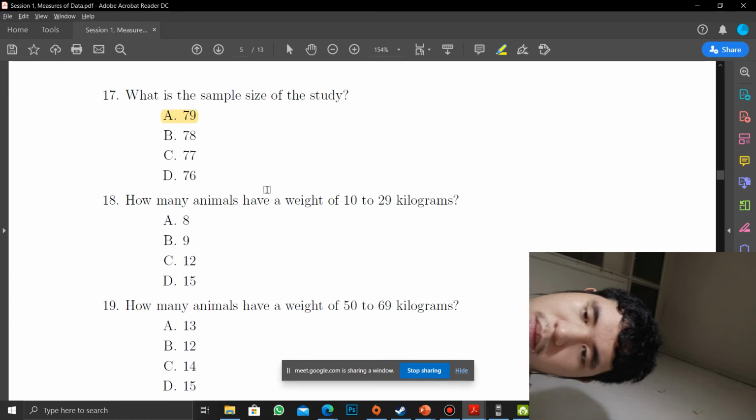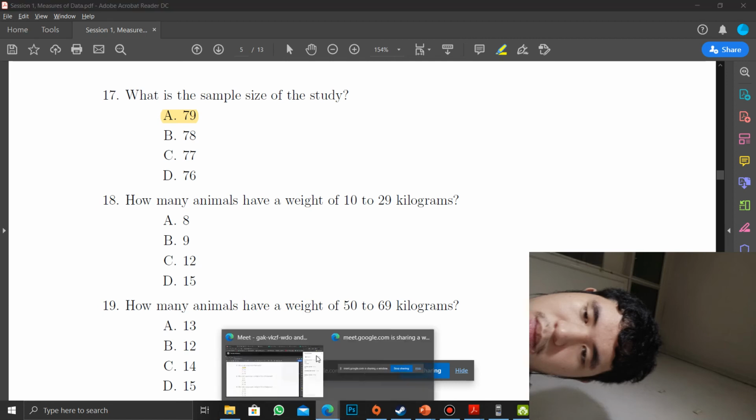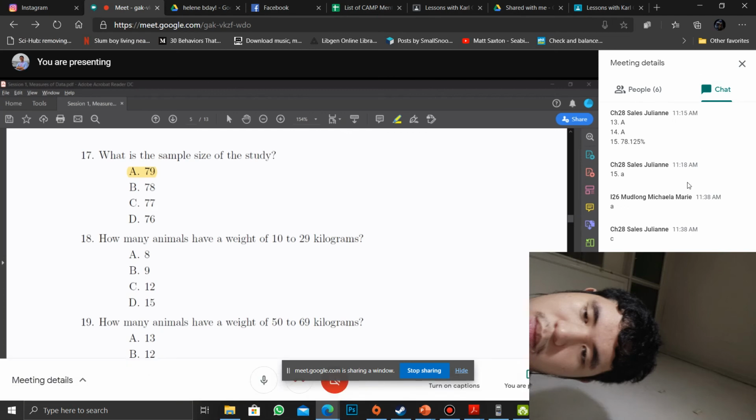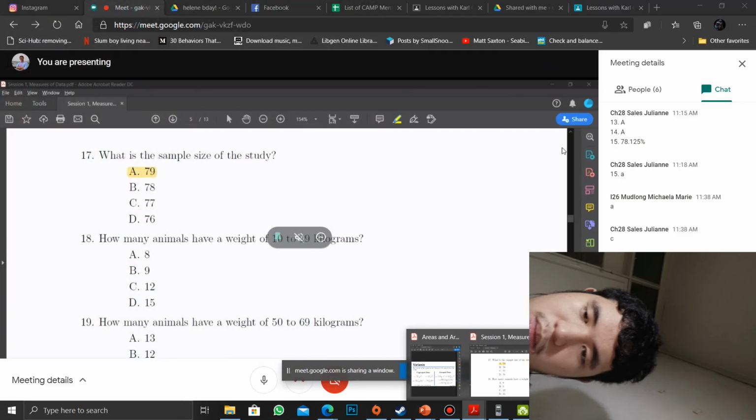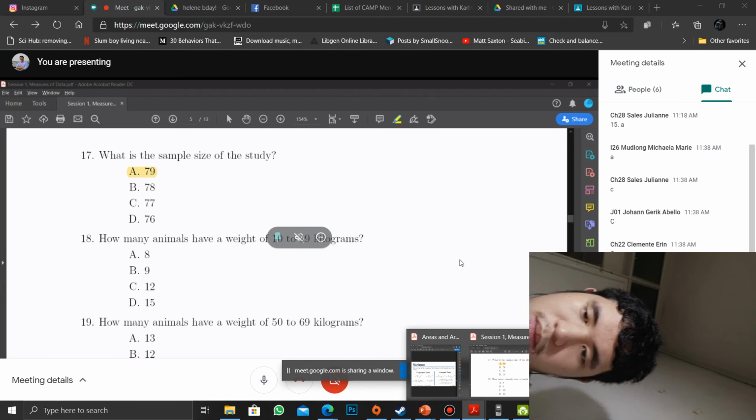Next, how many animals have a weight of 10 to 29 kilograms? Sige, just look at the table. C, tama, di ba? Next, how many animals have a weight of 50 to 69 kilograms? C rin, tama.